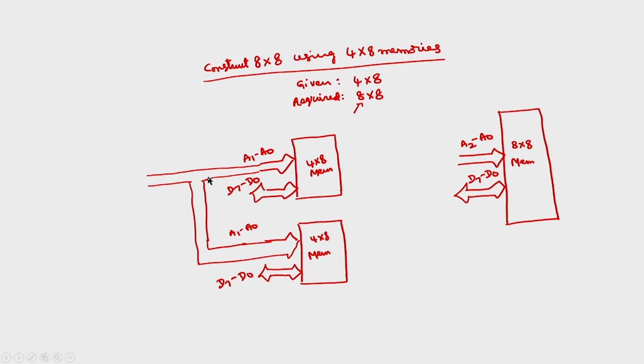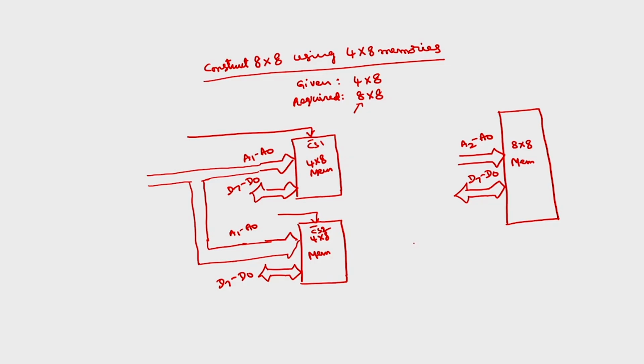Similarly, data lines will be connected together. The only difference is we have different chip select signals. We call these chip select 2 and chip select 1. Now, this has only one extra address line, which is A2.